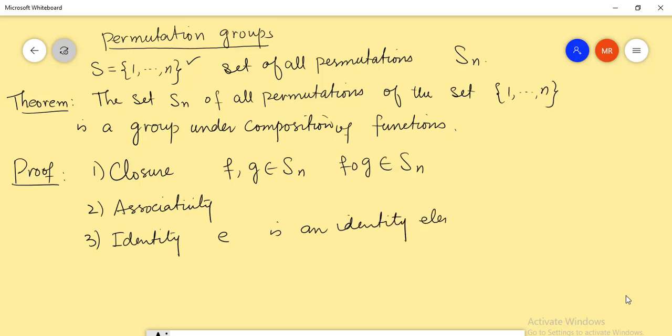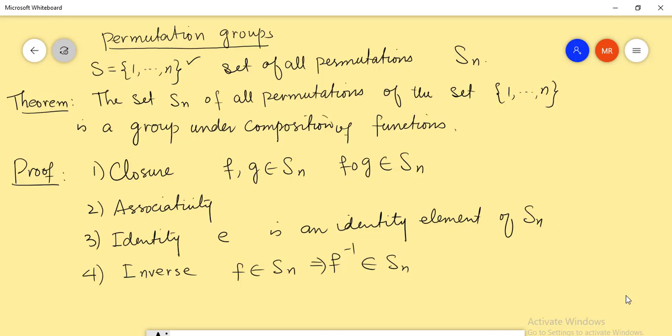And number four, we have seen that for each F belonging to Sn, we have F inverse belonging to Sn, and thus every element of Sn has an inverse.